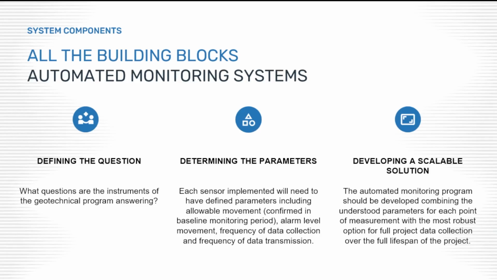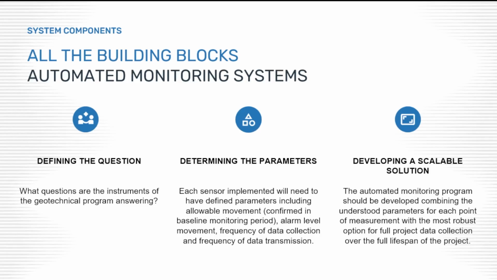From there, we need to develop the parameters. So the project team needs to look at those questions, look at the instruments they're going to be putting in place to answer those questions, and understand the parameters like the locations the instruments are going to be installed in. What kind of allowable movement or anticipated movement do you have in normal conditions? What kind of baseline monitoring do you need to maybe confirm that?